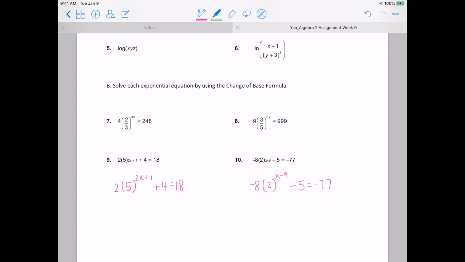So honors, I recommend you get rid of numbers that are outside of the number and exponents. So let's get rid of this and that, and then do the log. Same thing. Get rid of these first before you perform the log on both sides. Okay, that's it. Have a good week.